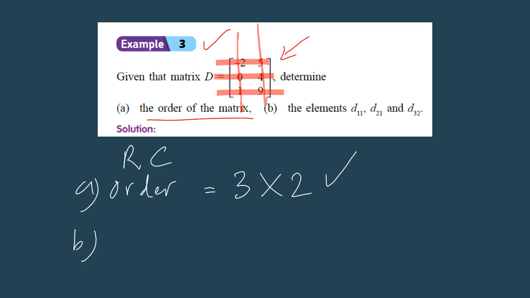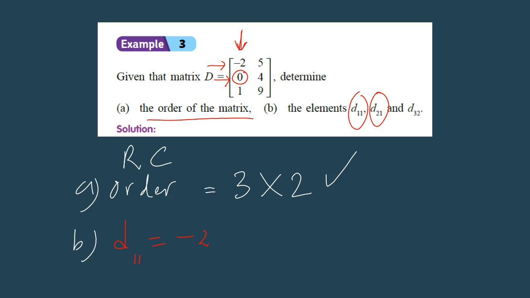For B, elements of D11. So we erase this one. D11 will be first row and first column. So D11 is -2. D21, that means second row, first column.